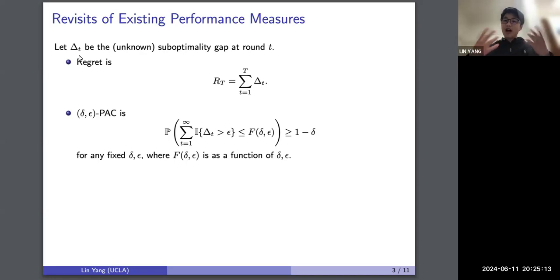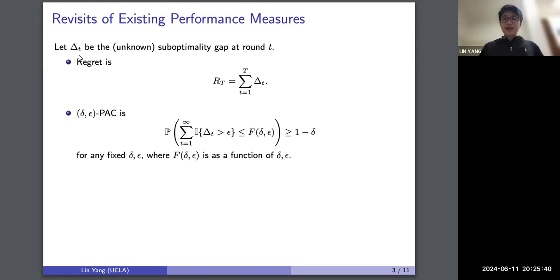Obviously, this suboptimality gap is unknown to you, so the regret is the sum of these unknown quantities. At every iteration, you sum all these unknown quantities. You cannot directly compute this regret, but you hope to upper bound it.